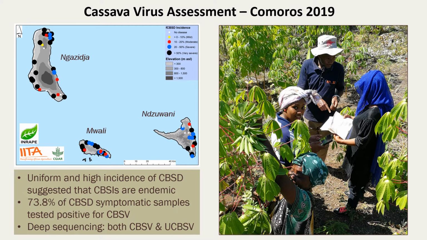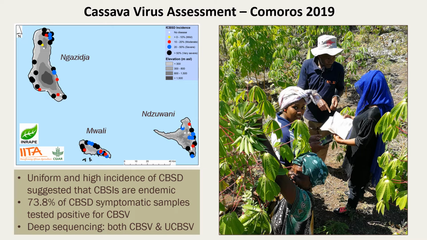Not indicated on the previous map, but one of the recent assessments of brown streak disease came from some work that was done by a team of IITA in RAPE, the national program in Comoros, to look at cassava pests and diseases.